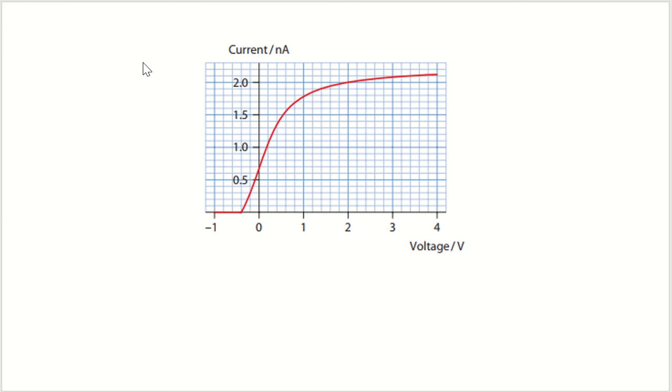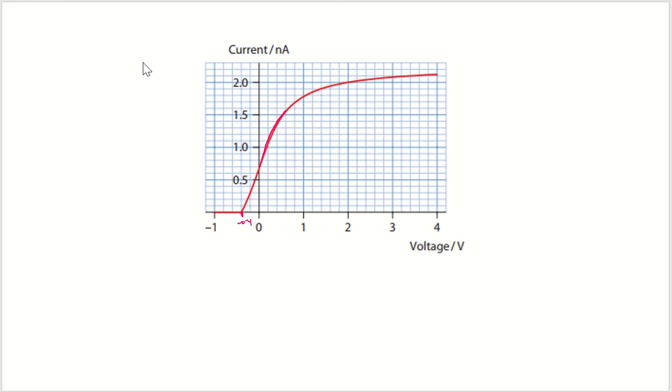When the voltage is negative, at minus 0.4, this is the cutoff, this is the stopping voltage. But as I make this voltage positive, you can see that the current is increasing because now the plate is attracting more electrons towards it.